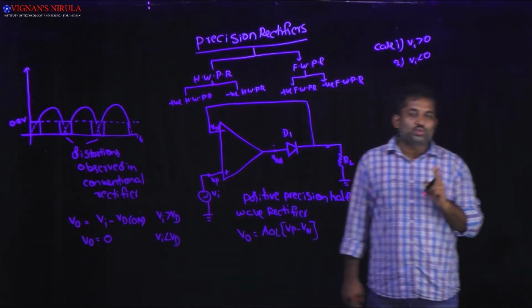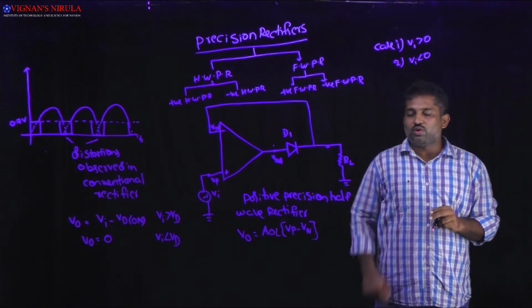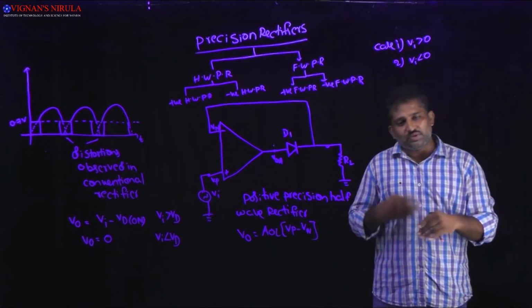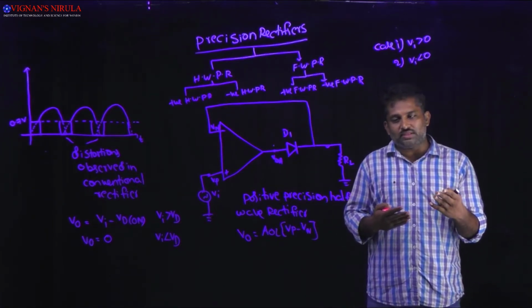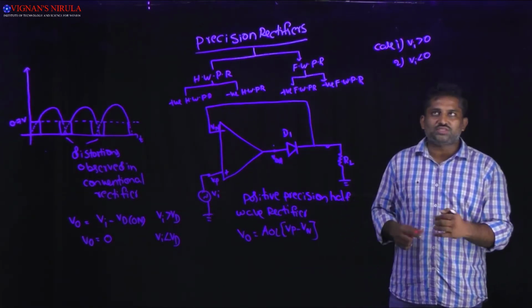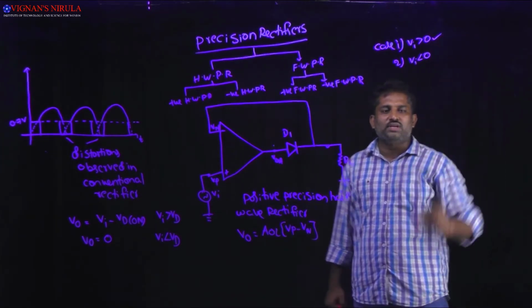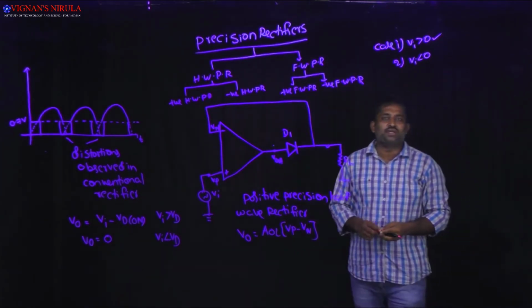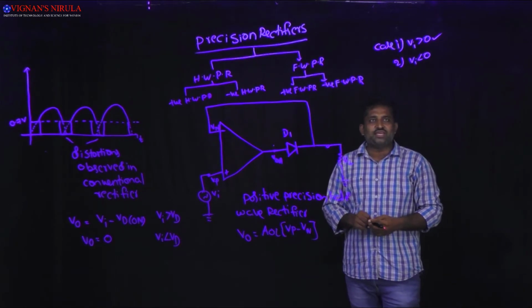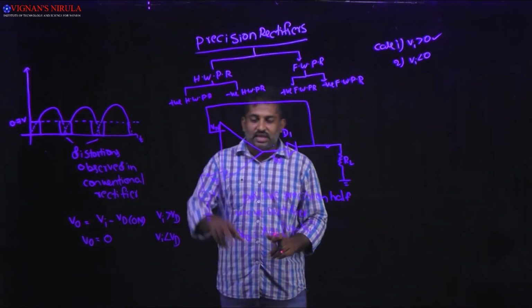For these two cases, we have to explain the positive precision half wave rectifier. Similarly, we have to explain the negative precision half wave rectifier. First, we will see the positive precision half wave rectifier. We will discuss case 1, which is when VA is greater than 0. What happens when VA is greater than 0?